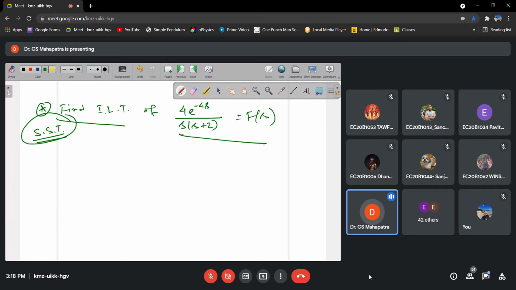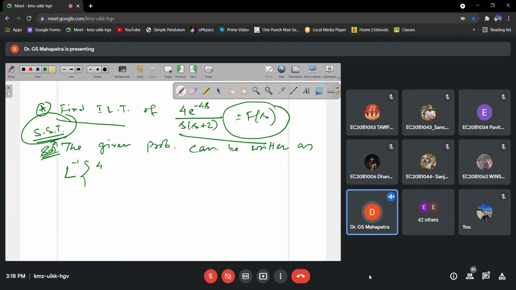So how to find the solution to the given problem? In which form can it be written? This is our target. If you consider this as F of s, then there is a problem, so you have to check one more function, s into s plus 2.